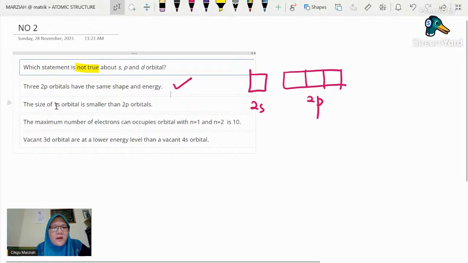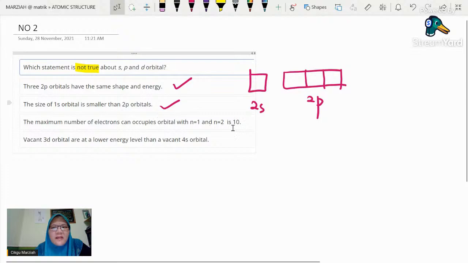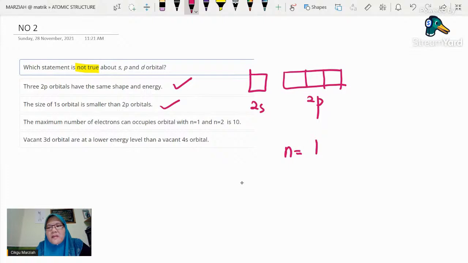So the size of 1s orbital is smaller than 2p orbital. Yes, betul ya. So the maximum number of electron can occupy orbital n equal to 1 and n equal to 2 adalah 10. So n equal to 1, dia adalah 1s, the maximum electron is 2.